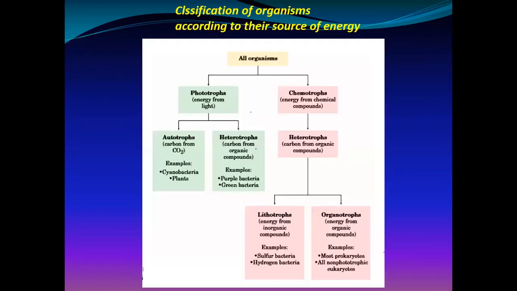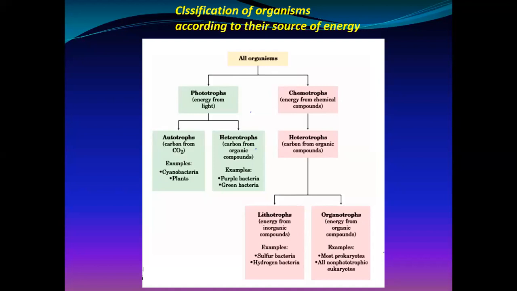So you can see now, we not only divide these into kingdoms and domains, we can also divide these organisms according to the source of energy, right? Some of these organisms are called phototrophs, energy they derive from light. Chemotrophs, the energy derived from chemical compounds.